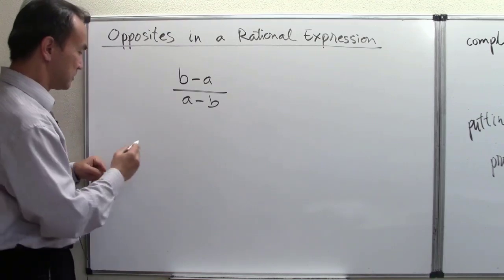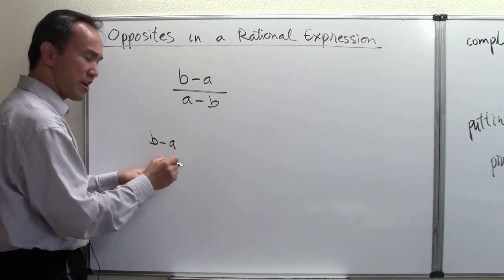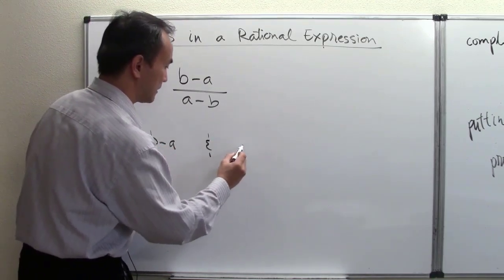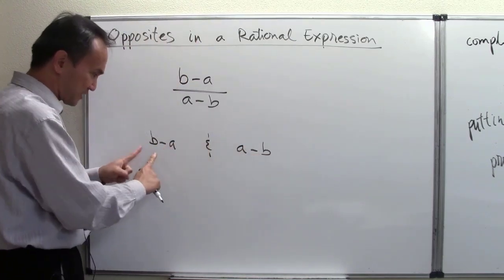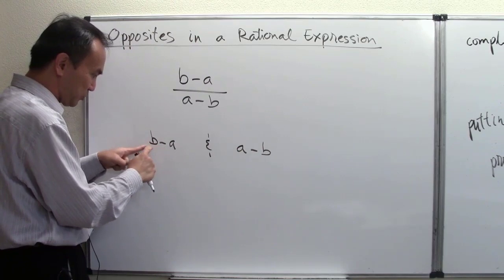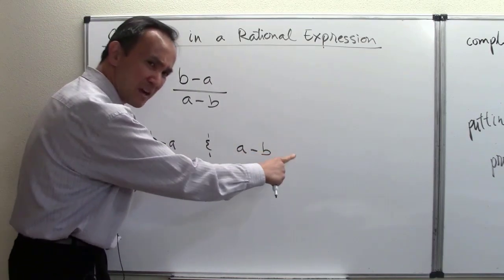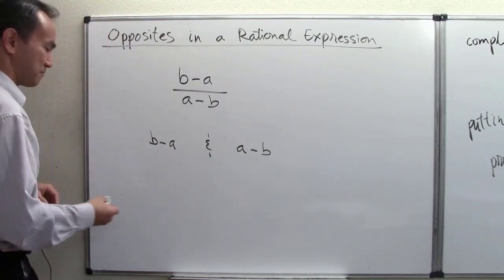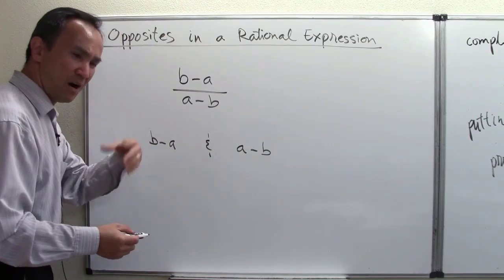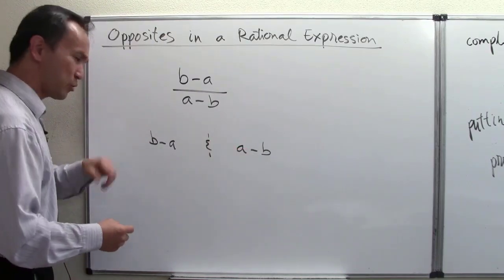These two, see, the b minus a in the numerator and a minus b, your eyes right now looking straight at it, they are opposite in the sense that this one here is b minus a, the other one is a minus b. Okay? So I said earlier about opposites in signs. This is why.